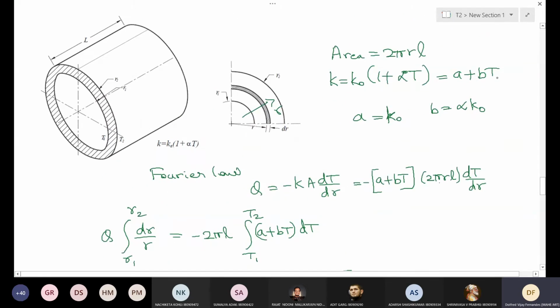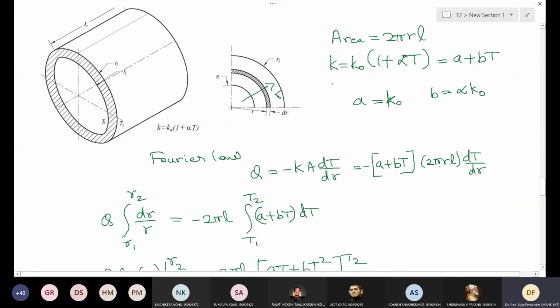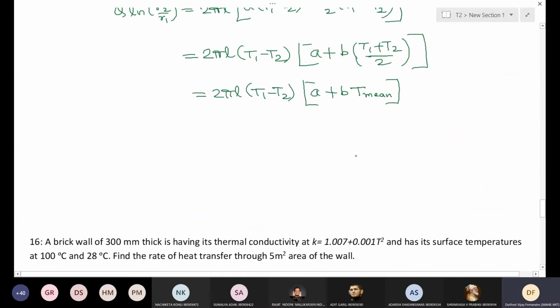So A plus B T mean is nothing but K mean, equal to A plus B T mean.